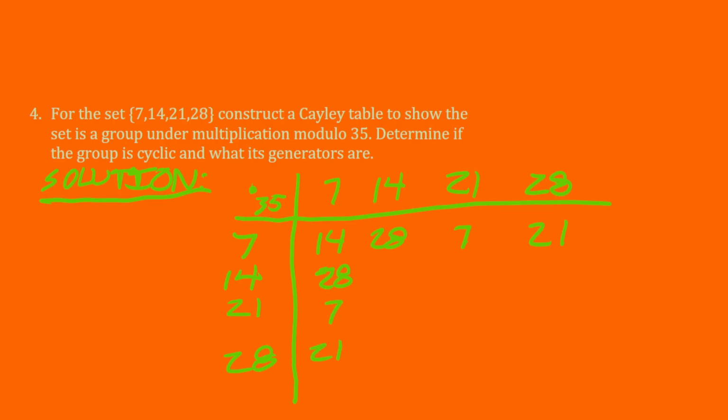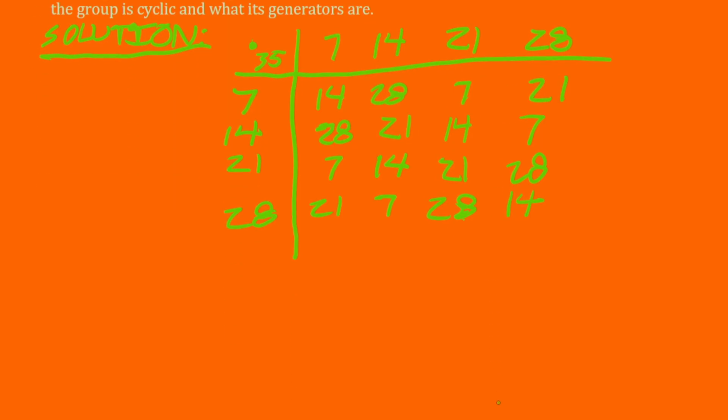So the way this Cayley table works is when you multiply 7 by 7, you get 49, and that's logically equivalent to 14 modulus 35. So if you were just wondering where these numbers are coming from.